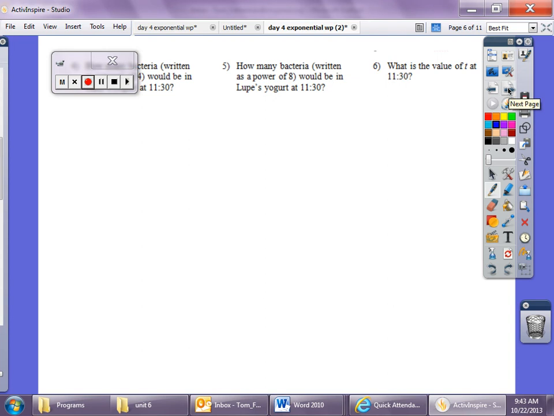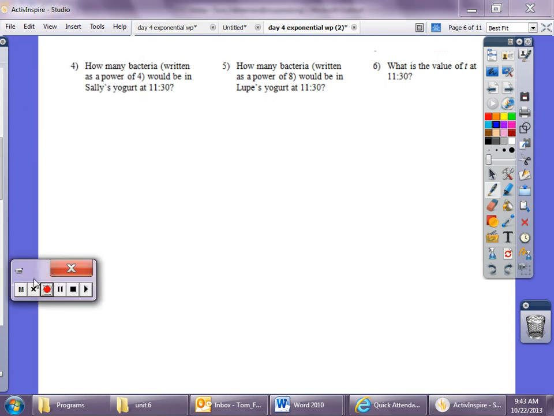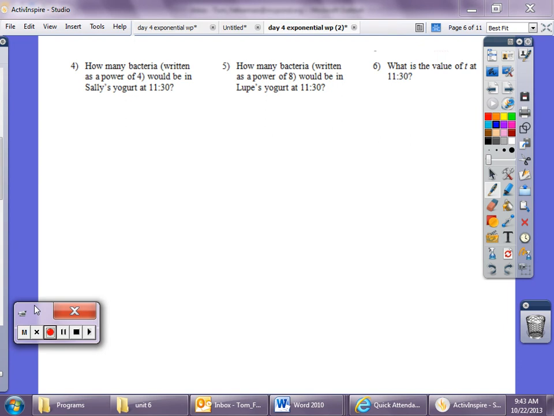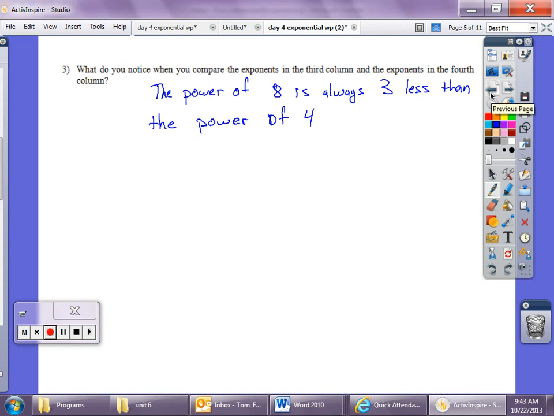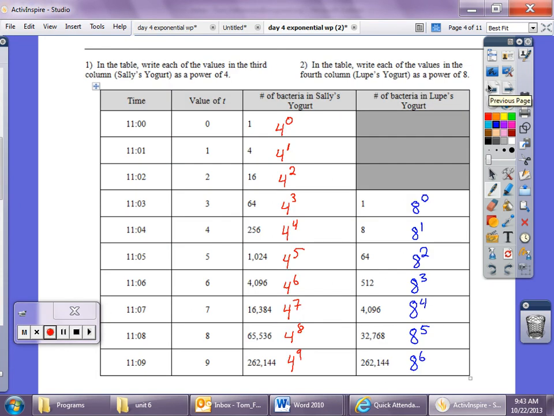Well, then it says, how many bacteria written as a power of 4 would be in Sally's yogurt at 11:30? If we look at our chart, it only goes up to 11:09, but if you notice, 11 o'clock is 4 to the 0, 11:01 is 4 to the first, 11:02 is 4 to the second, 11:03 is 4 to the third, 11:04 is 4 to the fourth.